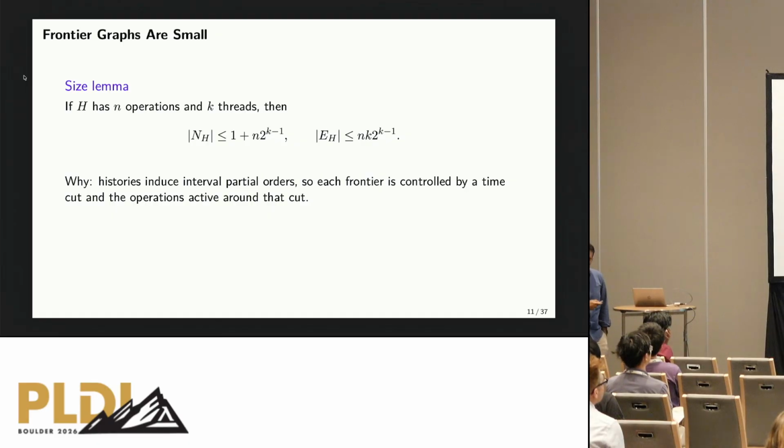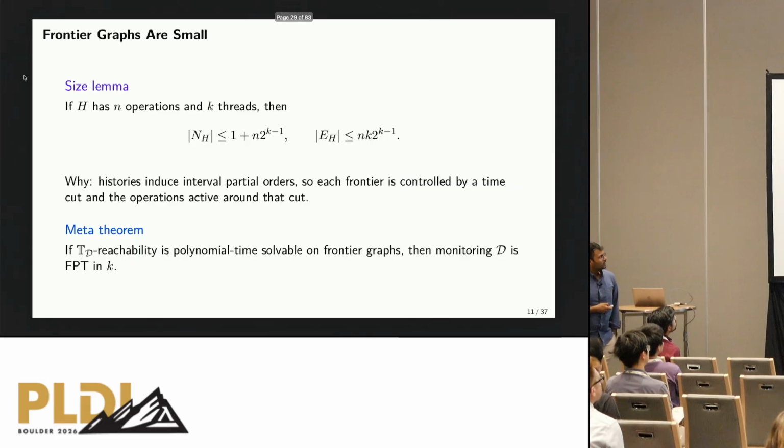And that happens because the histories that you get are effectively something called interval partial orders. And based on my previous slide, it follows that if I can find a polynomial time algorithm for this language reachability problem, I will automatically get an FPT algorithm for linearizability monitoring. So that's the essence of the rest of the talk.